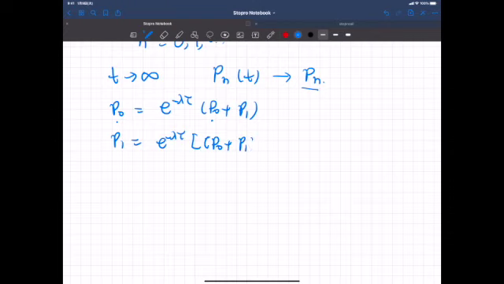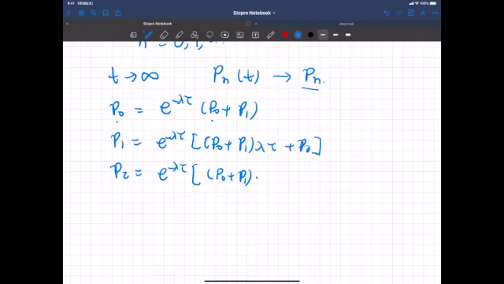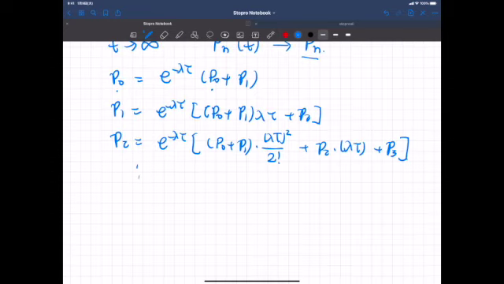So in this case, we should have P0 plus P1 and lambda tau plus P2, and P2 same here, and two new arrivals, P2 and one arrival, and P3 and no arrival, and so on.